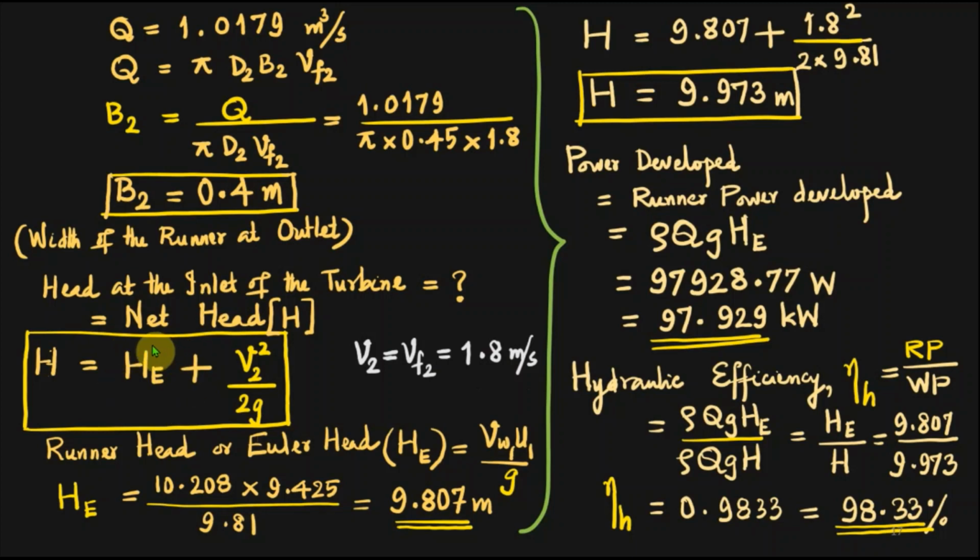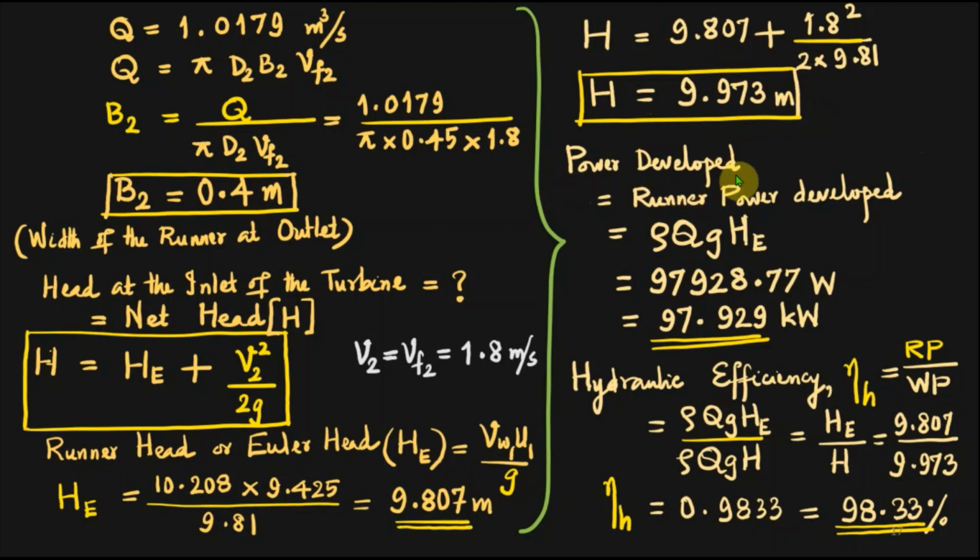Euler head HE, that is the runner head, is Vw1 U1 divided by g, that is 10.208 into 9.425 divided by 9.81. So we'll get 9.807 meters of water. So H is equal to 9.807 plus 1.8 square by 2 into 9.81. So we'll get 9.973 meters of water. So the net head available at the turbine inlet is 9.973 meters.